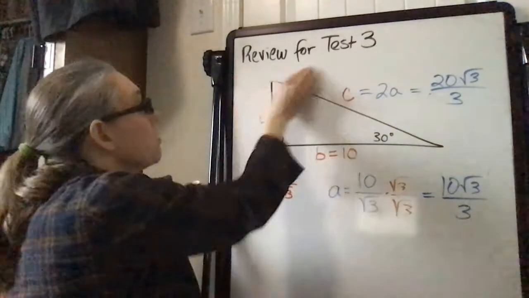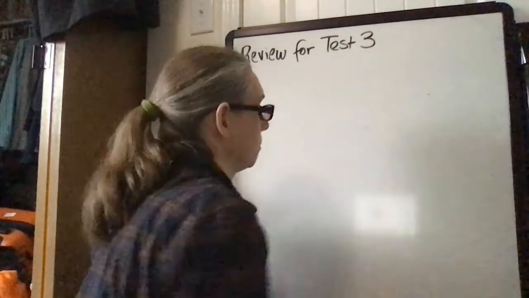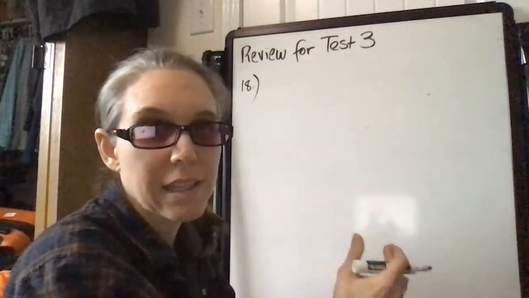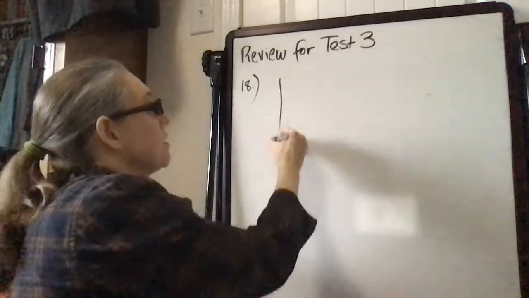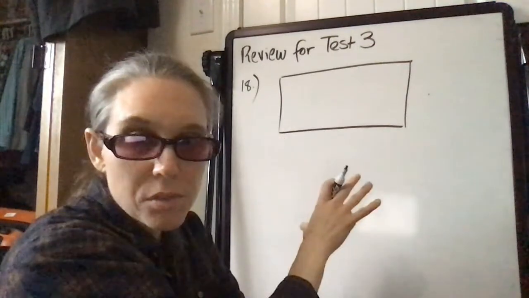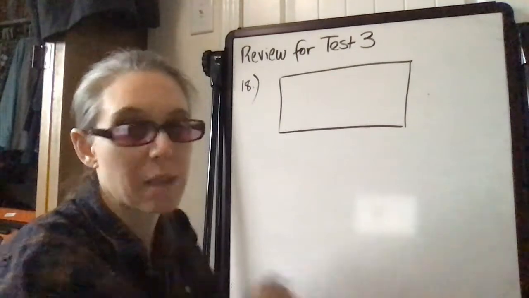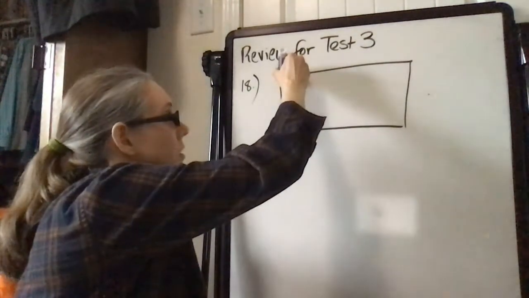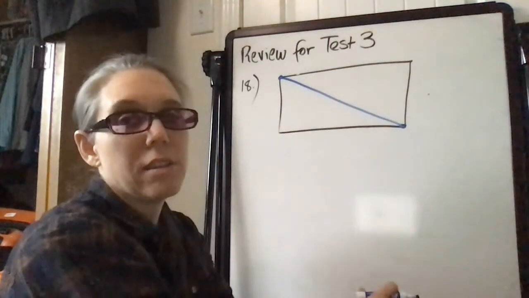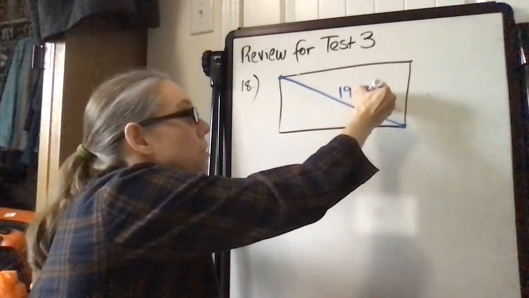So in question number 18, we're told that we have a 19-inch laptop, and it says this in the problem, but you're going to remember that when you have a computer screen or a TV screen, when they say it's a 19-inch screen, what they mean is that from one corner to another corner, along the diagonal is going to be where they're measuring. Okay, so this is a 19-inch laptop screen.